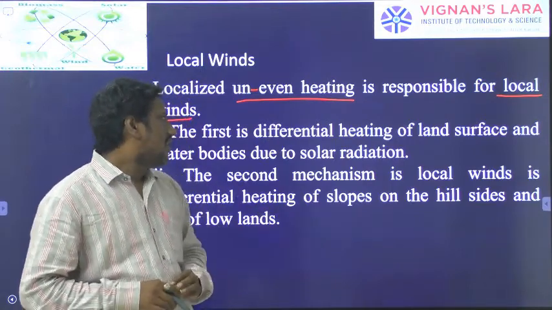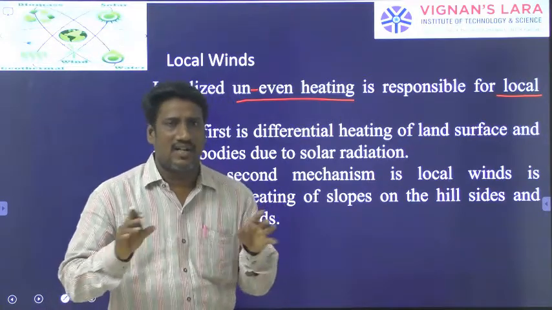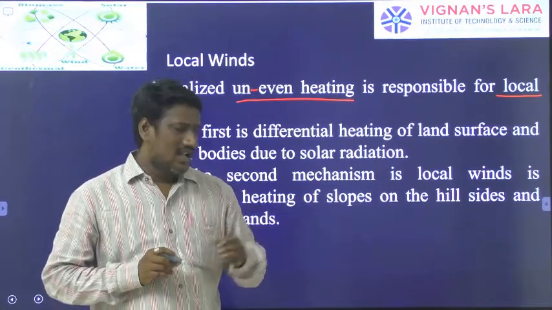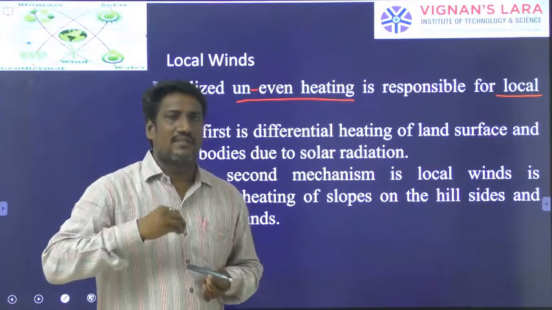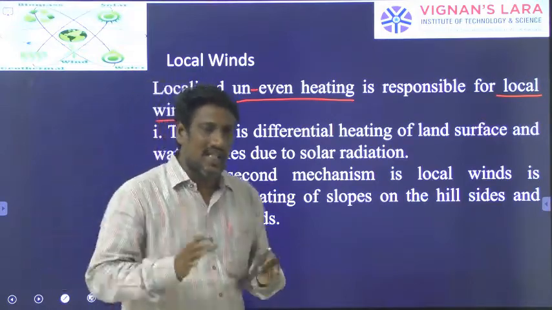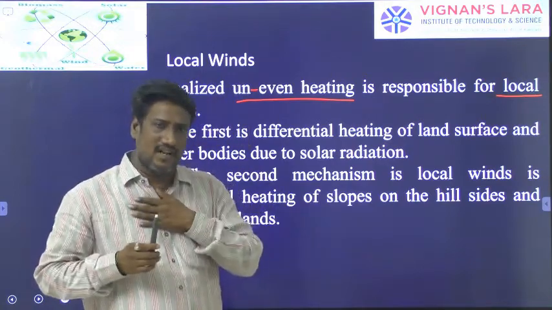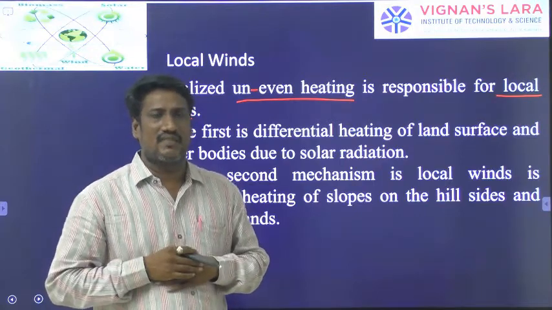Okay, so how is there uneven heating? On the earth, we will have different places. Like some rock area is there. Okay, some water area will be there. Already you know that rock area will absorb heat and heat up very fast. And in the same way, rock area will lose the heat very fast.